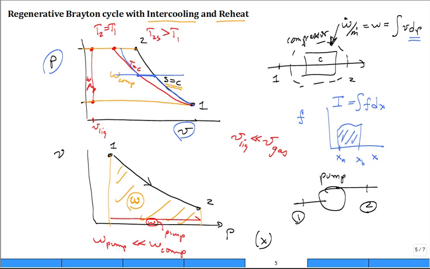And so this shaded area is a visual representation of the work saved by having 2 stages of a compressor, stage 1 and stage 2, and in between, cooling. So in between right here you have an intercooler.